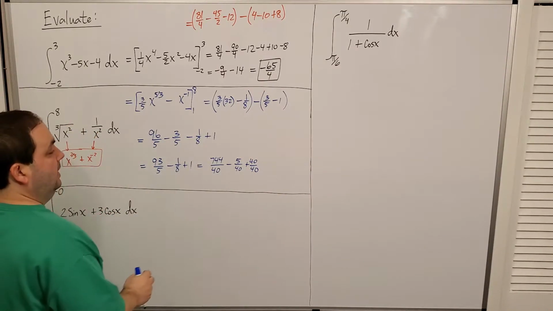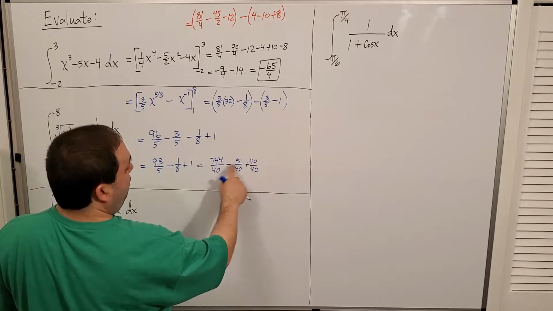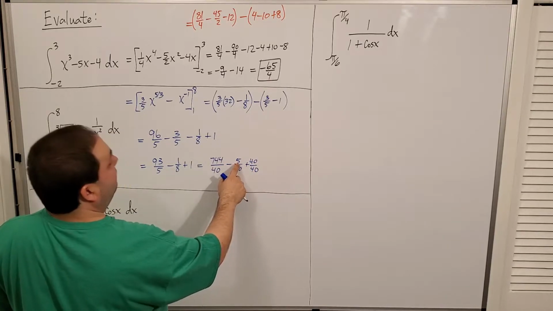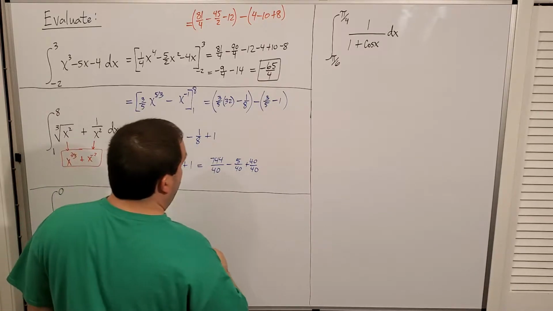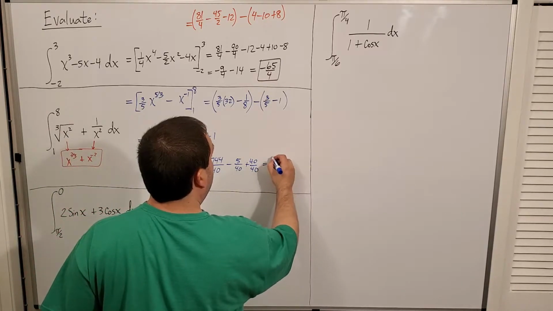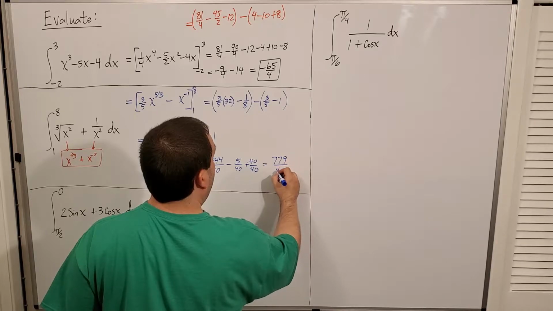Okay. So then 40 minus 5 is 35 plus 744 is going to be 779 over 40.